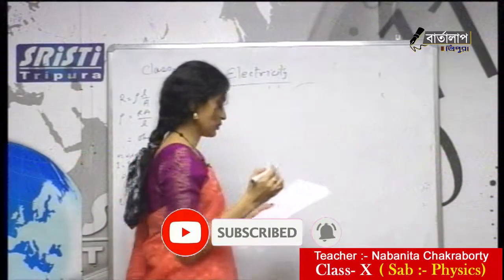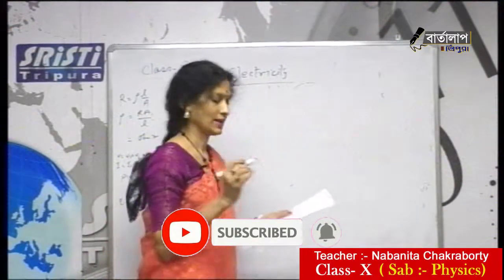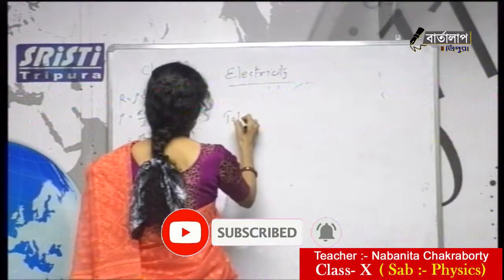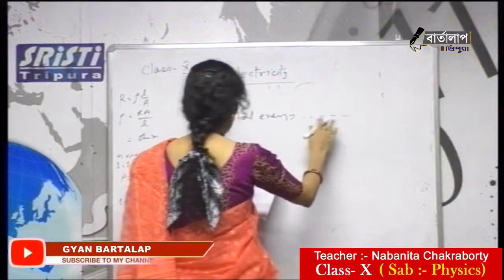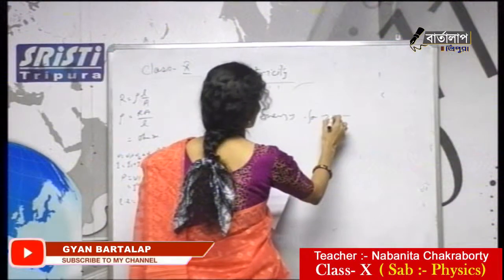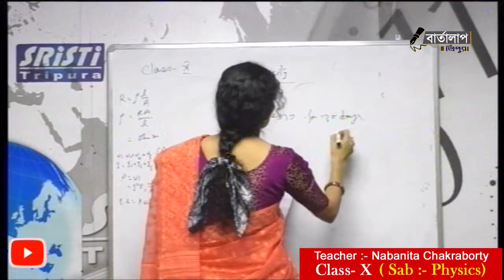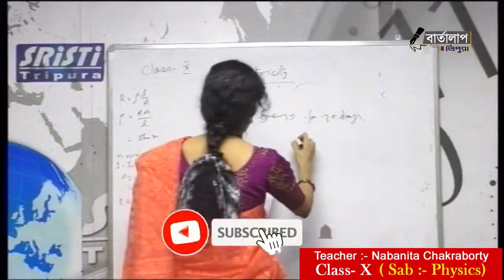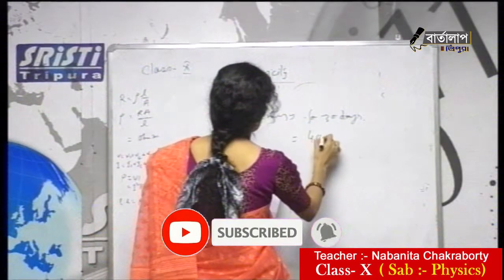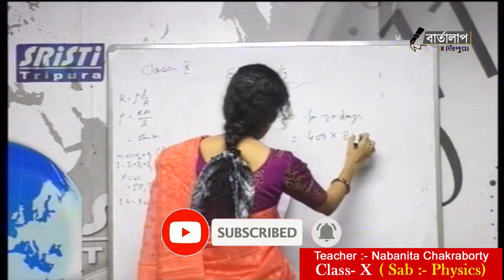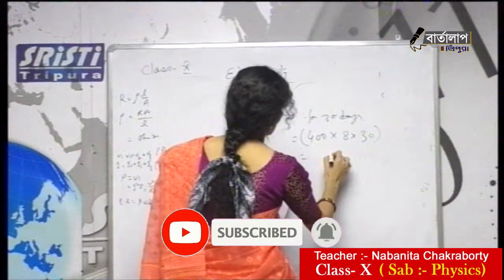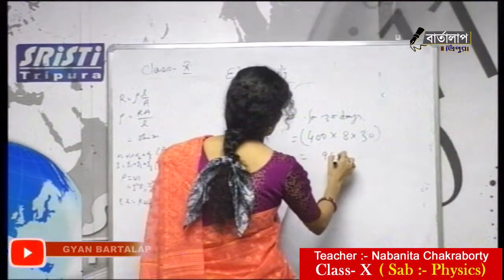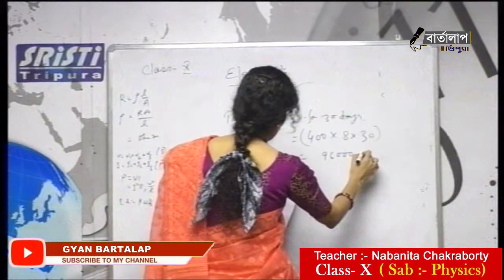Then at first you have to find the total energy. Total energy for 30 days, I am showing you how to solve this. Total energy will be 400 into 8 into 30, that means 96,000 watt hour.